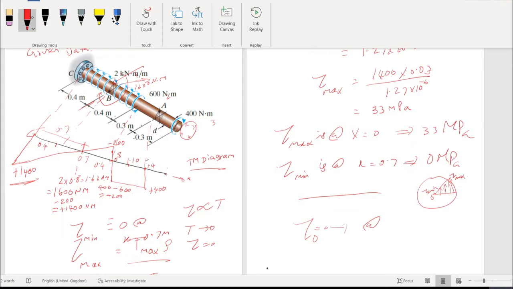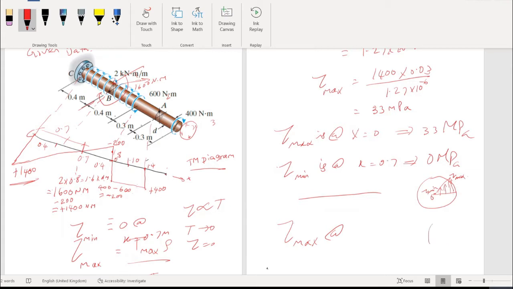So we found shear stress equal to 0. We found the maximum is at x equals 0, right, or at the center.